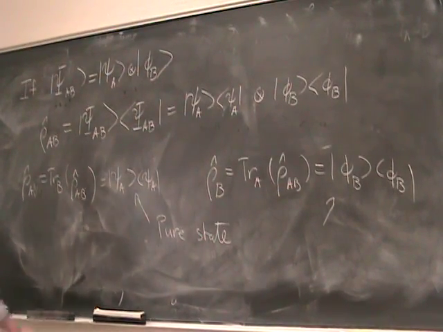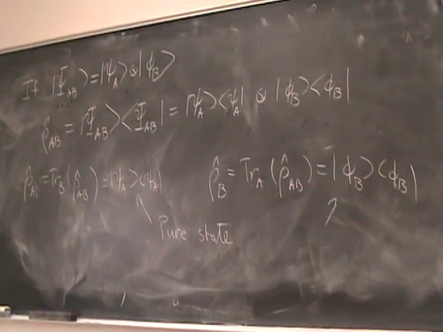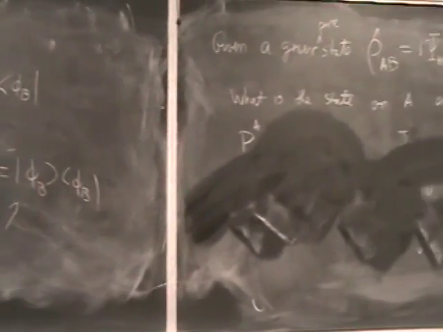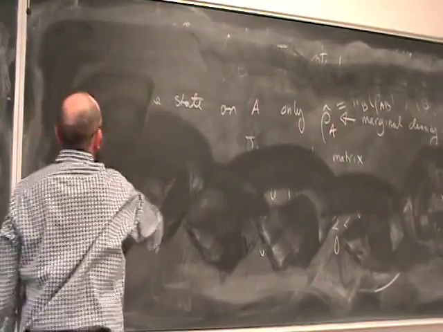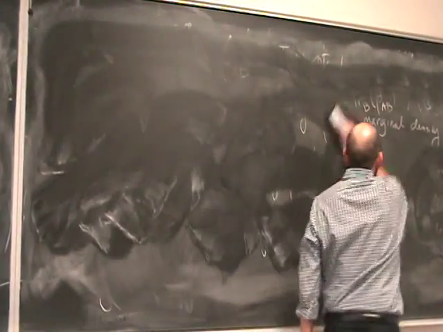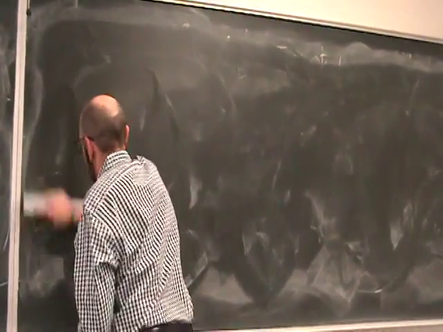On the other hand, if the joint state is entangled, what does that tell me about the marginals?